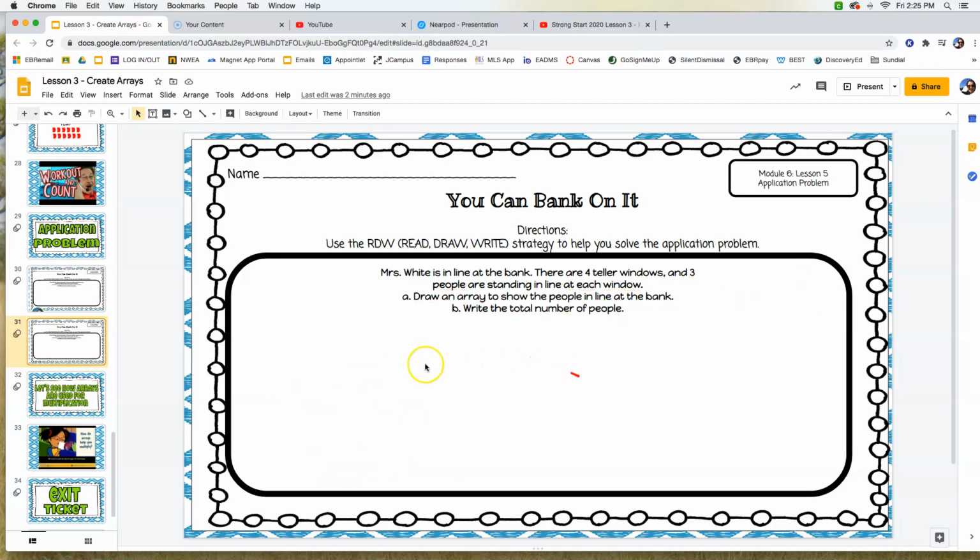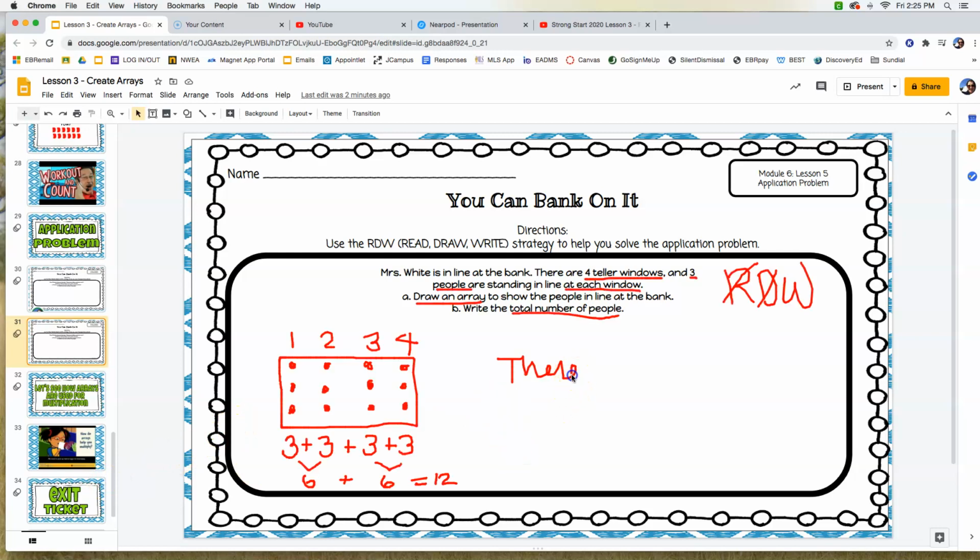My sentence would be: There are 12 people at the bank. There we go. That was scary for a moment. There are 12 people at the bank.